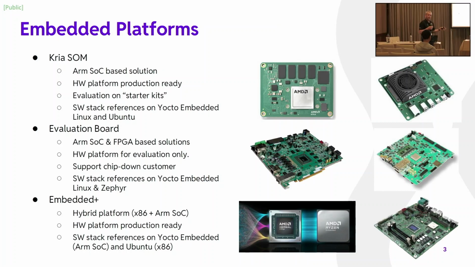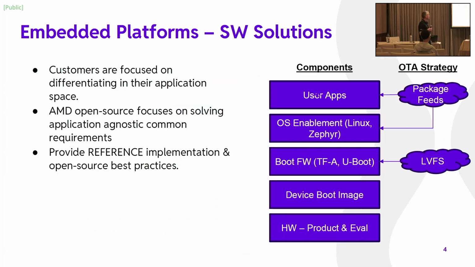This is a very common application use case in, for instance, industrial controls and robotics, where customers want the horsepower of an x86, but the real-time capabilities of the FPGA SoC. So this is also a place, as we look at the software stack, where we can do more in open source and continue to bring those things together.